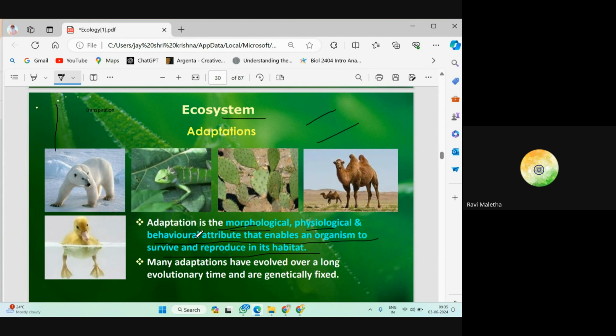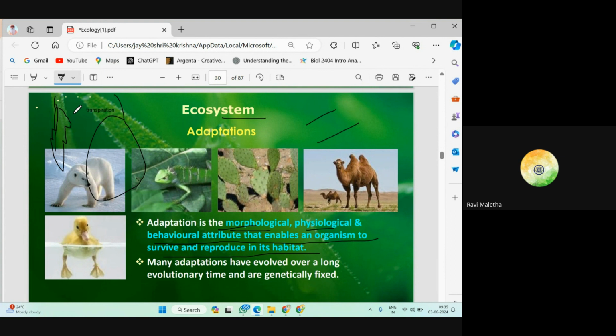Okay, I will give one example. In a hilly region, you will see very conical leaves. Why this type of leaves? If the leaves were flat, snow might remain on the leaves.